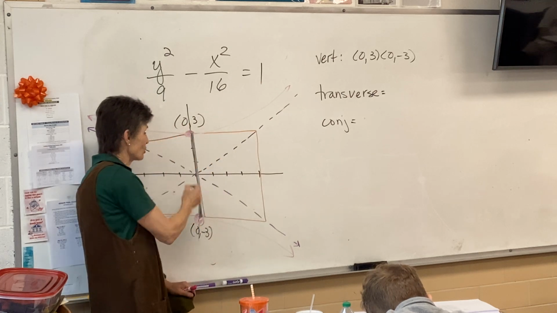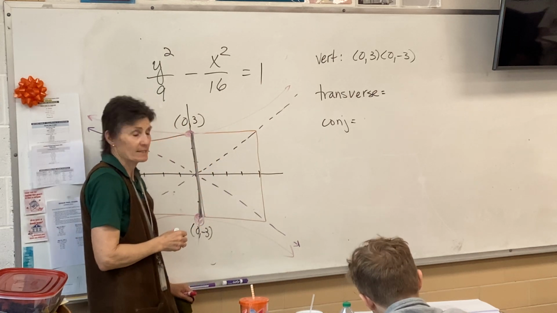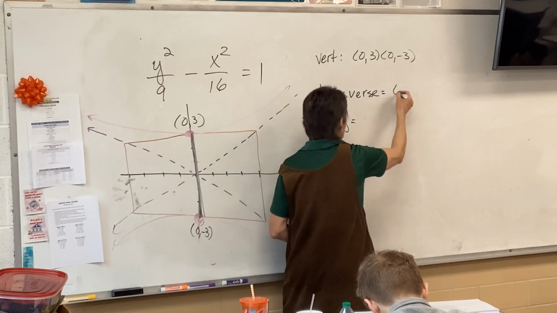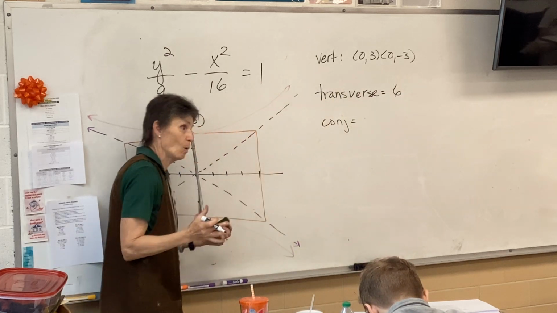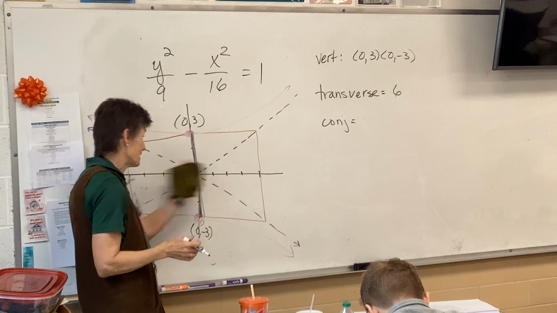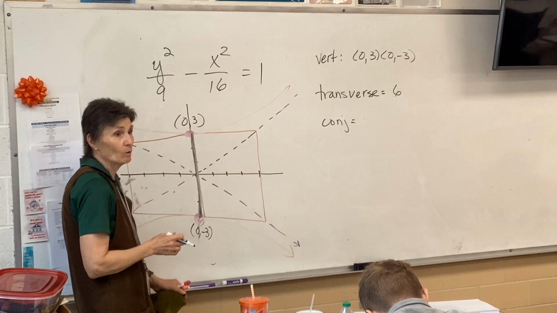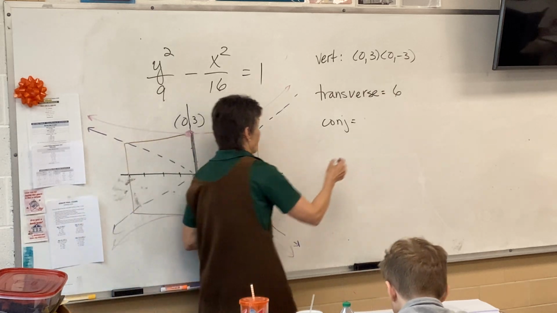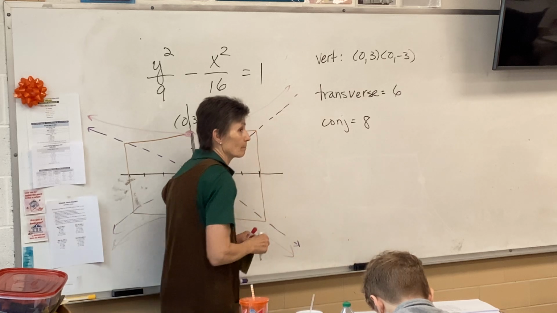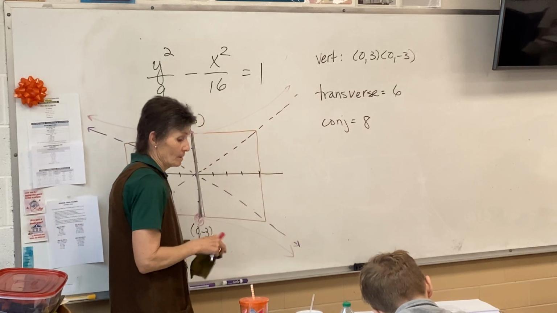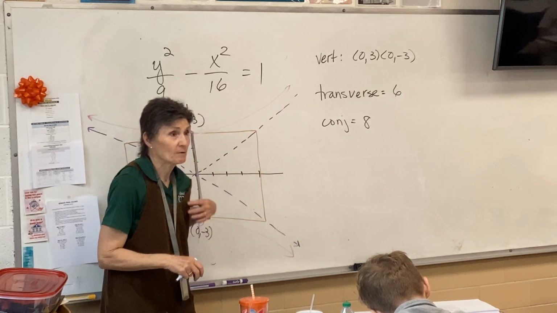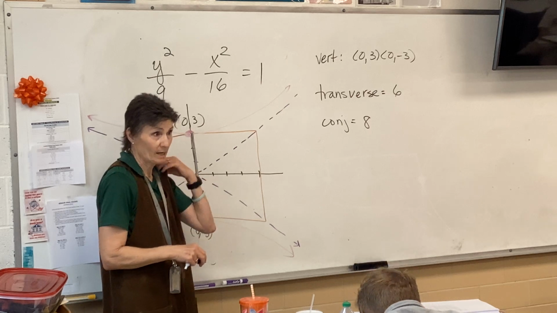So how long is the transverse axis? 6. The conjugate axis is the other one, which would be this one, and it is how long? 8. We are done except for the asymptotes, okay?